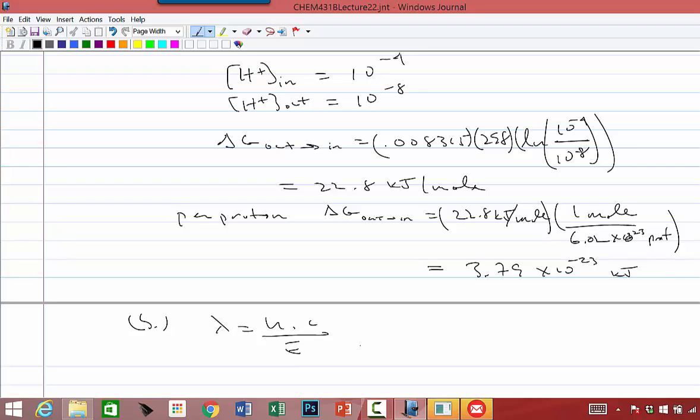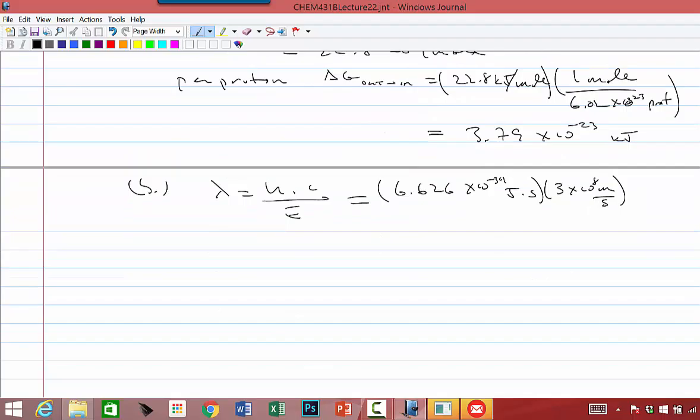Okay, lambda is going to be equal to this energy. All I have to do now is plug in all these values. So lambda is going to be equal to 6.626 times 10 to the minus 34 joules times seconds, times 3 times 10 to the 8th meters per second.